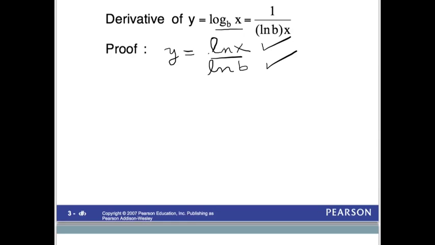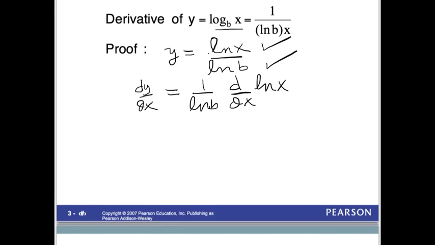Now, dy dx, since ln of b is just a constant, it's just going to be 1 over ln of b times d dx of ln of x.